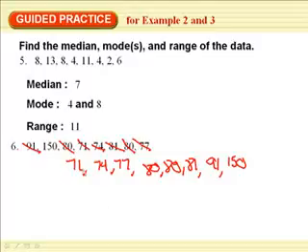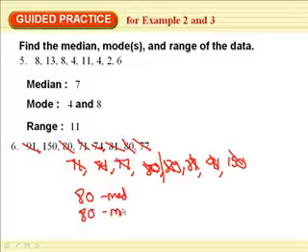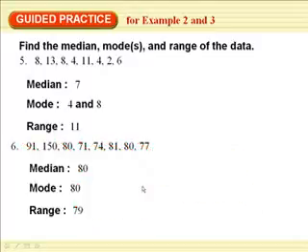So we go that one, this one goes off with this one, and then this one goes with this. So it's right smack in the middle, the number between 80 and 80 is 80. So that's the median. The number that happens the most is 80, which is the mode. And the range is 150 minus 71, which is 79. There it is, 80, 80, and 79.